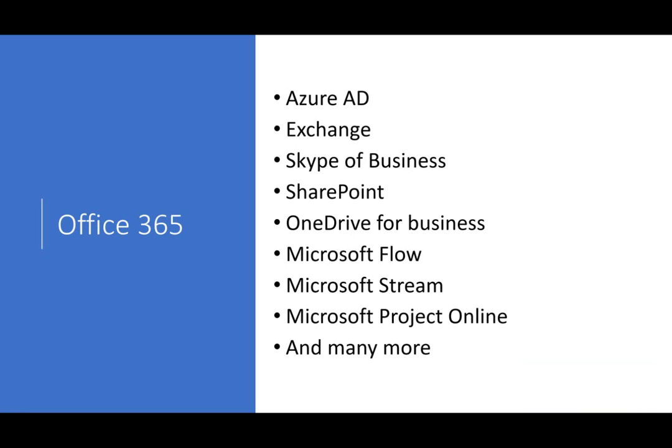So when we talk about Office 365, as I mentioned in the agenda slide, Office 365 is not just SharePoint. It used to be one of the core pillars of Office 365 when it was very much in the beginning, approximately 7 years back. There were just Exchange, Skype for Business or Lync, and SharePoint in Office.